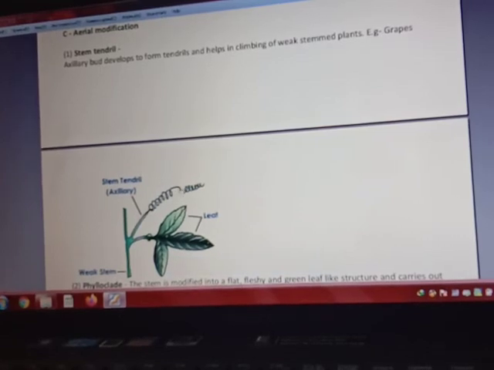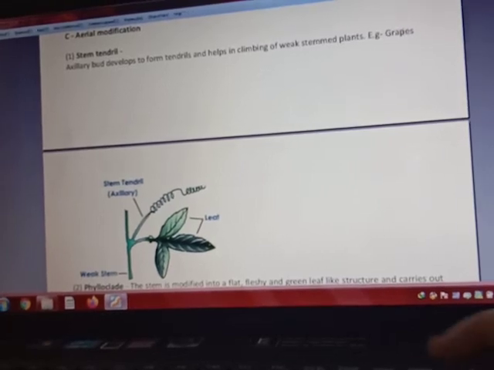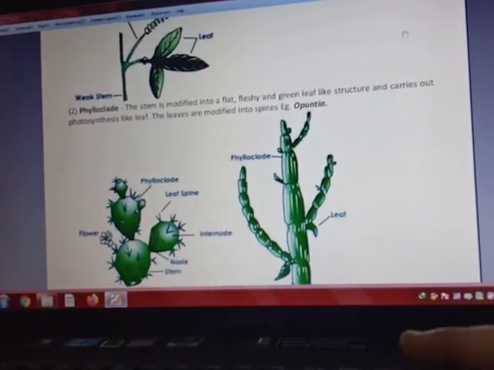Okay, and we know tendrils help for what? For climbing, because weak stems need help for climbing. Example is the grape, all of you have seen grapes. The grape plant has stem tendrils.